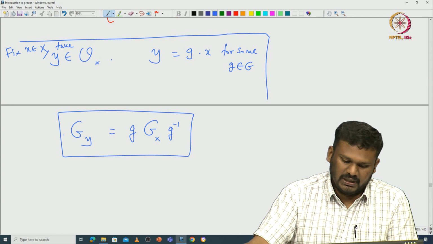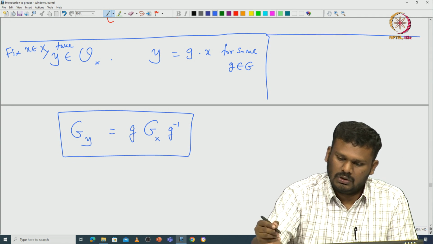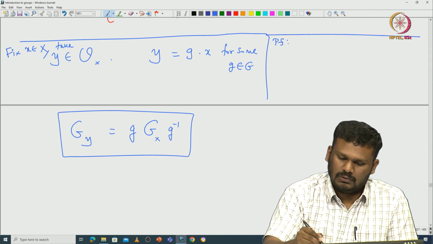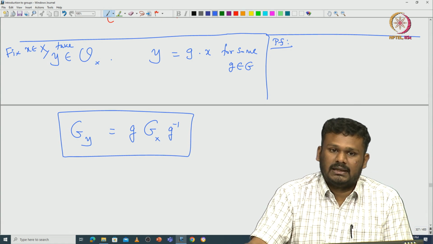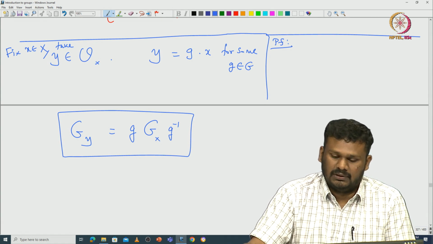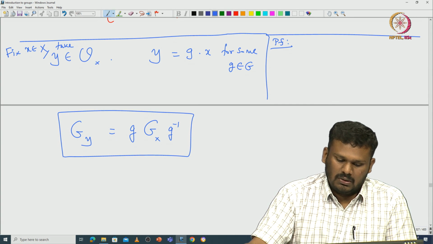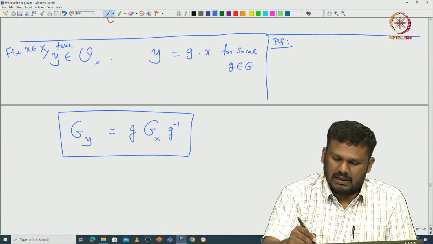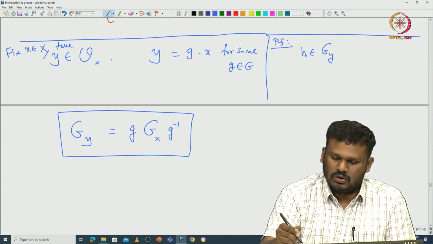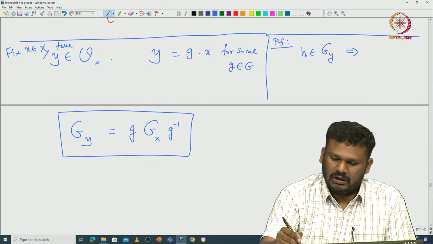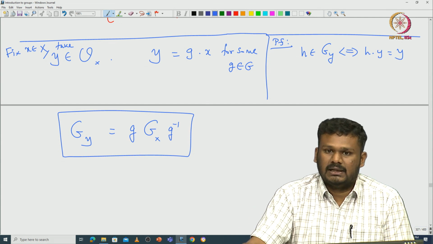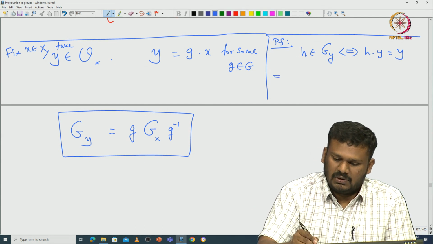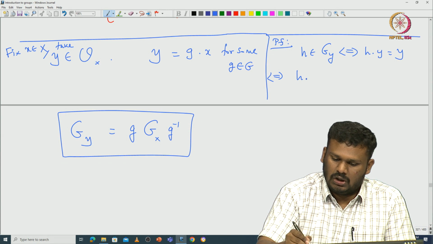Okay, so let's prove this. What is the proof? We prove that G_y is contained in g G_x g inverse and vice versa. So let's start with some element h in G_y. By definition, h is in G_y if and only if h dot y is y. That is by definition. If and only if, rewriting, h dot g dot x is exactly g dot x.